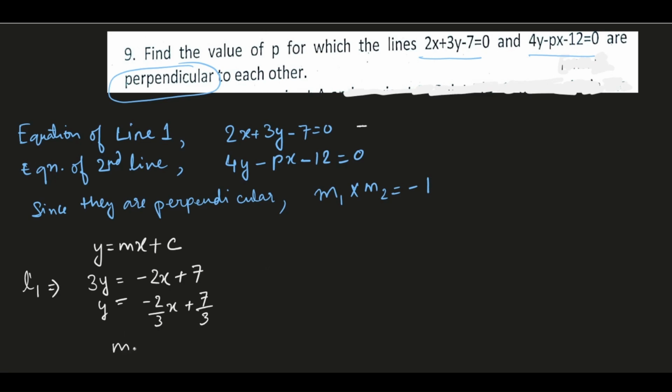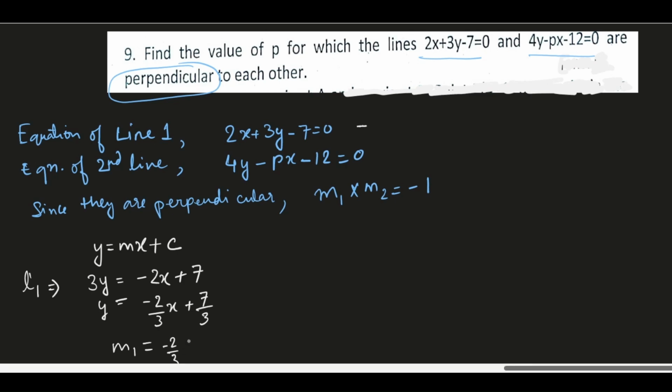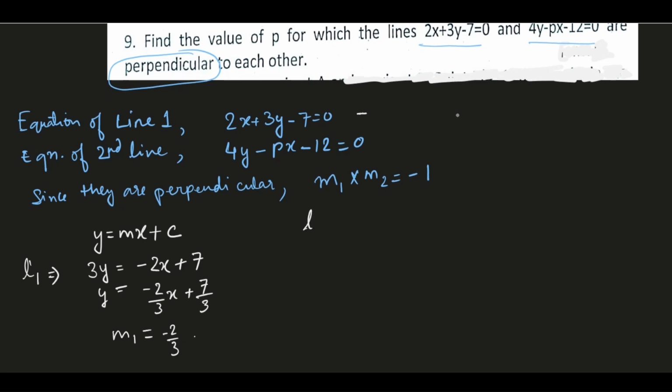So here m1, see this, y is equal to m into x, so minus 2 by 3. Let me write it here. M1 is equal to minus 2 by 3.